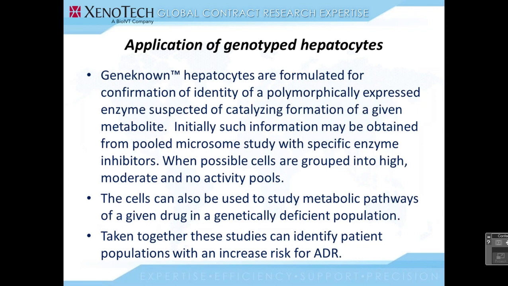Initially, such information may have been obtained from pooled microsome studies with specific enzyme inhibitors. When possible, cells from donors we identified are grouped into high, moderate, and no activity pools for this particular purpose. The gene-known cells can also be used to study metabolic pathways of a given drug in a genetically deficient population in contrast to normal population.